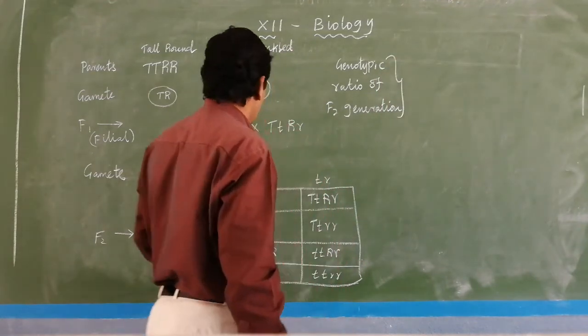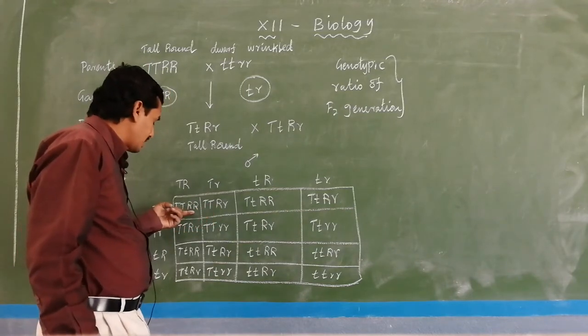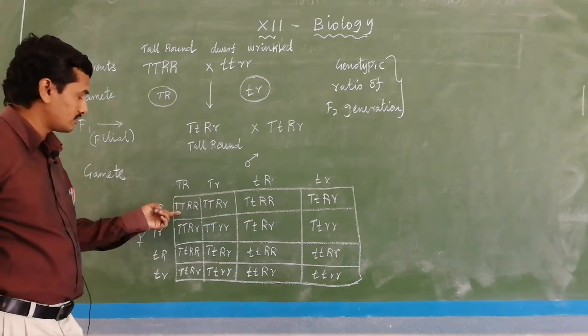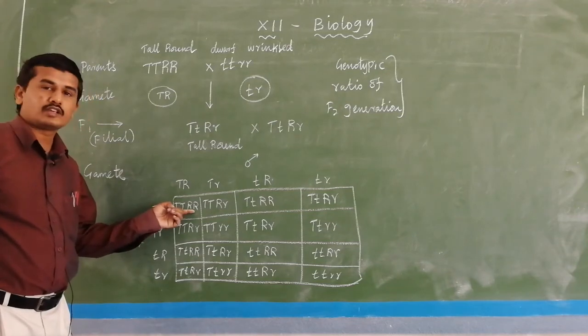Genotypic means we count all the things that are genetically similar. Here capital T, capital T, capital R, capital R. This is actually homozygous tall and homozygous round.